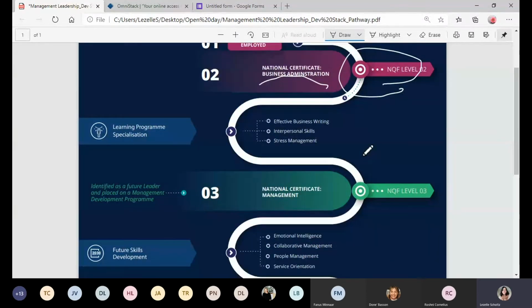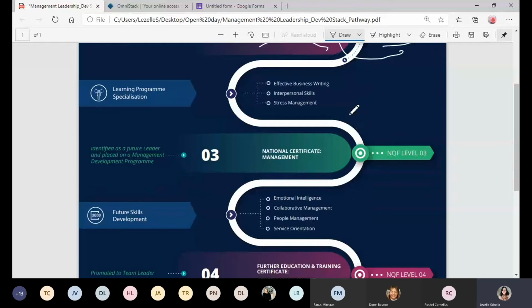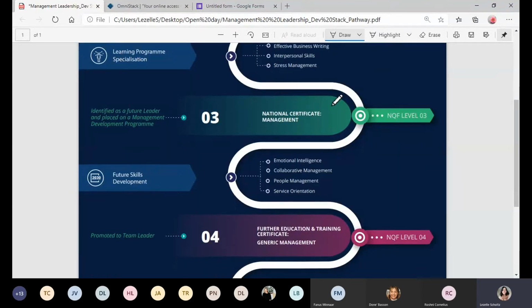So the individual has now got an NQF level 2 qualification, they're continuing on in the business, and they're showing really great progress. In continuing on in this person's progress, we identify them as a future leader. And we now start them on a management development program.